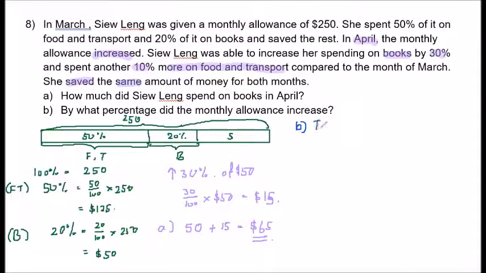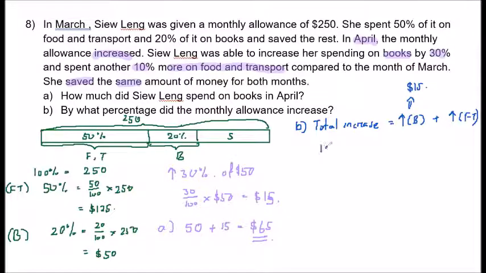Basically, the total increase is due to the increase in the books and also the increase in the food and transport. So the increase in the book, we have already found it. It is actually just $15. So we need to find what is the increase in the food and transport.